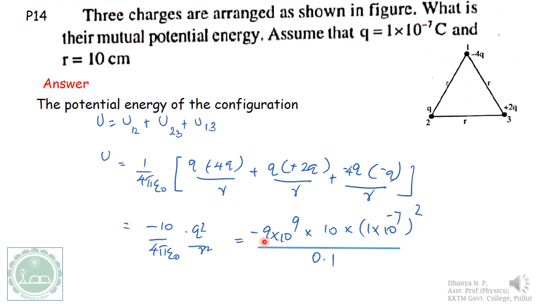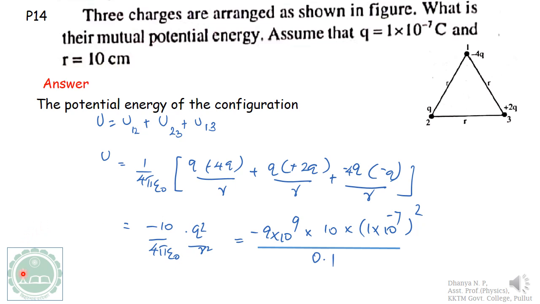It is equal to minus 1 by 4 pi epsilon 0, 9 into 10 raised to 9 into 10 into Q square. Q is 1 into 10 raised to minus 7, 1 into 10 raised to minus 7 square divided by R square.